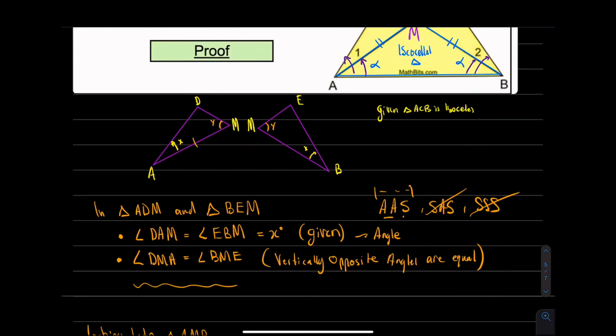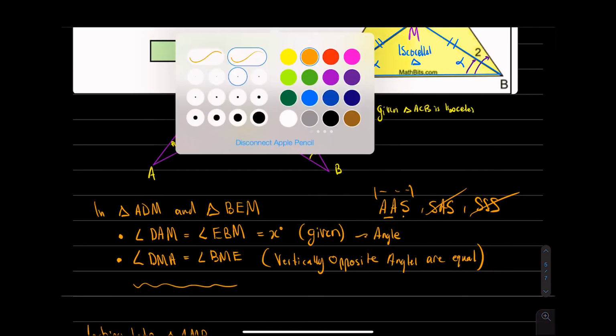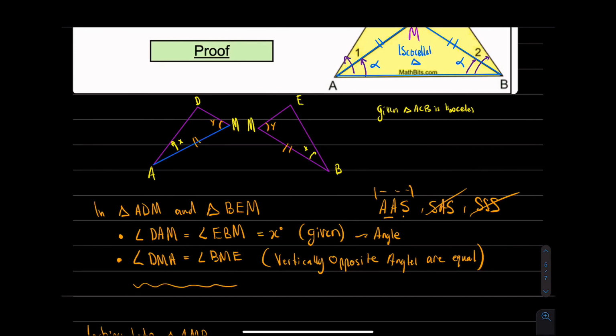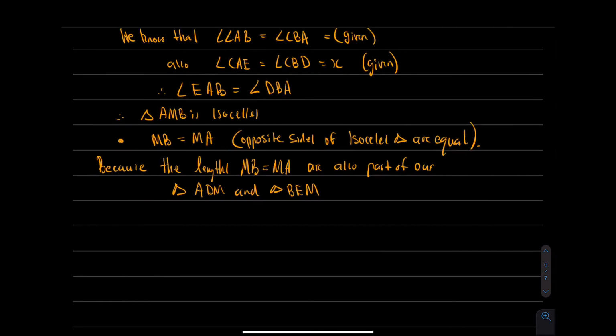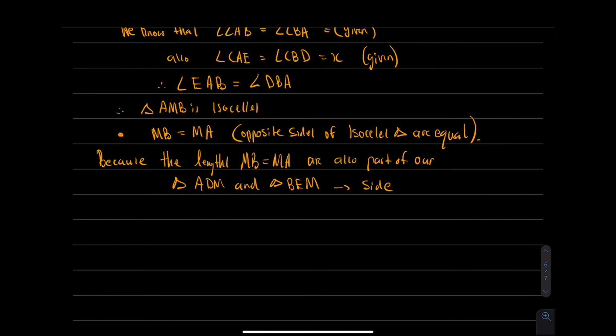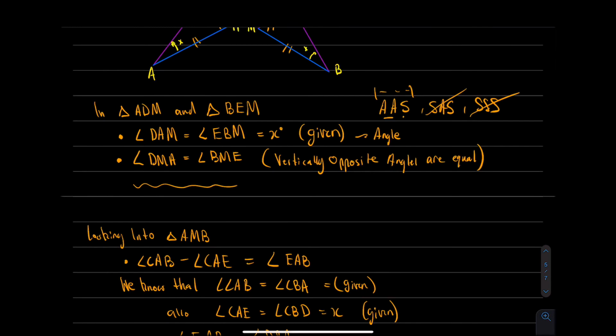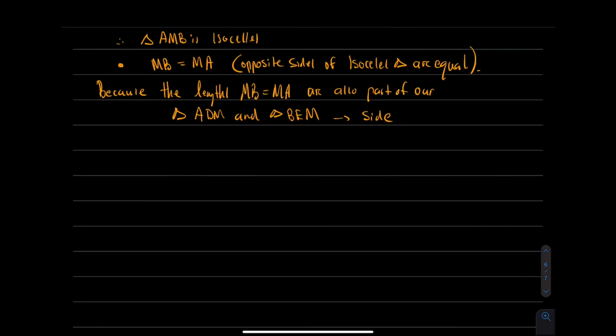Now we have that these two lengths, MA and MB, so that's essentially the blue part of this triangle in the photo, that and that are equal. Sweet. So now we have the full proof. We have our side. We have our two angles, which are up here. So now we can say, therefore, triangle ADM and triangle BEM are congruent.